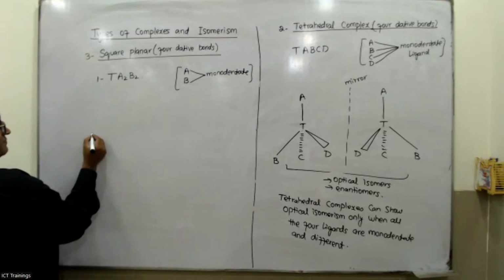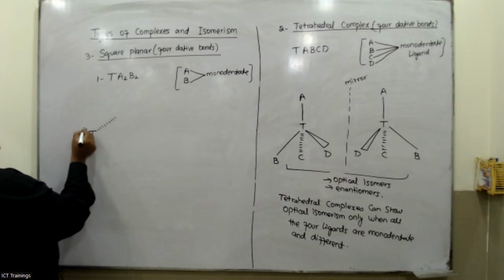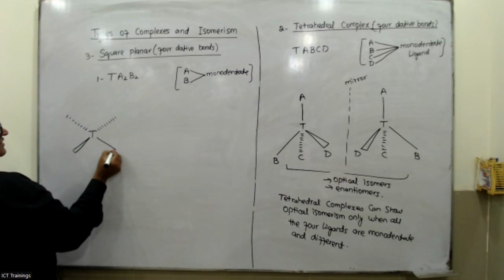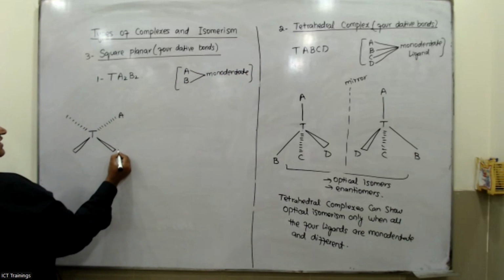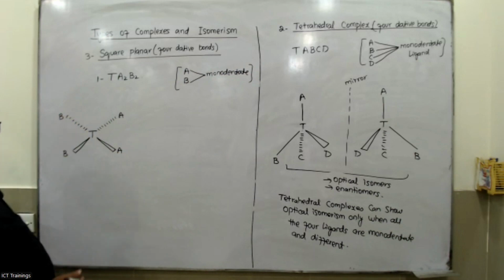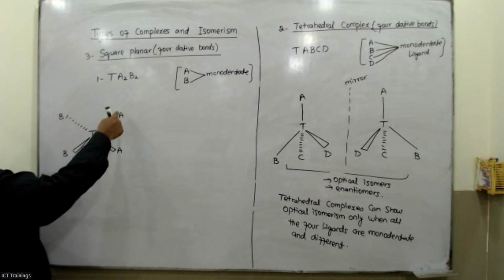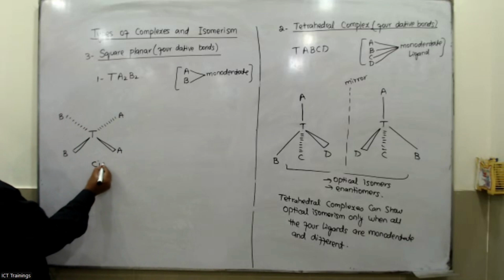Now the shape of the square planar is like that. This is the T. Here we should put the dotted line, and here we should put the triangle. This is A and A, this is B and B. If you look, the two A's are going to face each other, and the two B's are going to face each other, so this is cis.